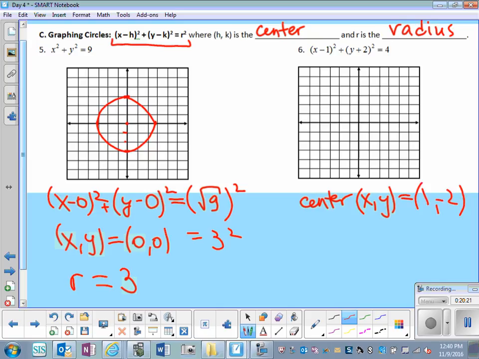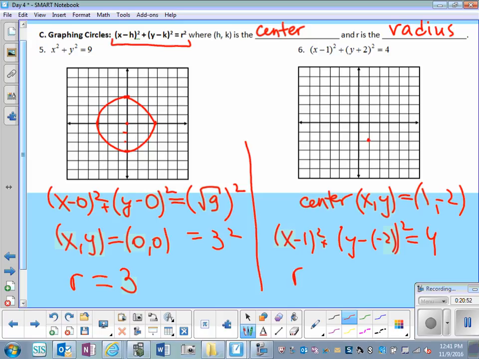You kind of have to take the opposite of these numbers, because you really need to think about this formula as x minus 1 squared plus y minus negative 2 squared equals 4. Then you have it in the standard form, x minus something, y minus something. Okay, so the center is (1, negative 2), right here.